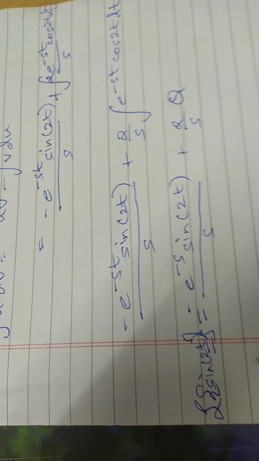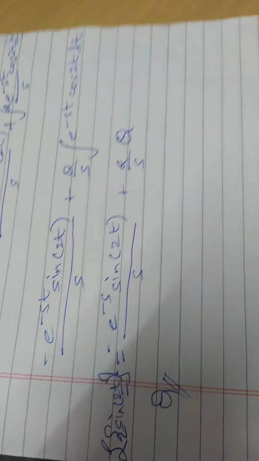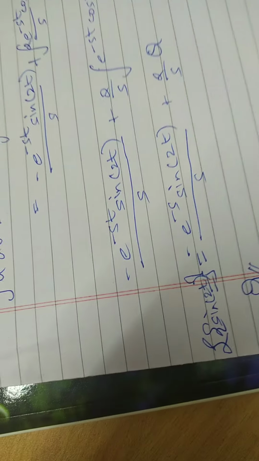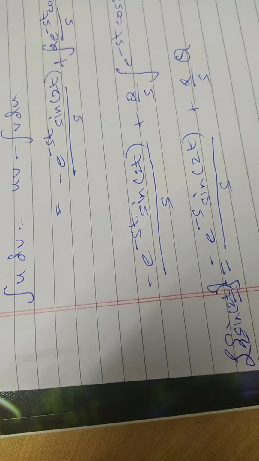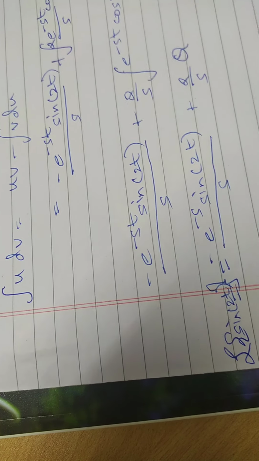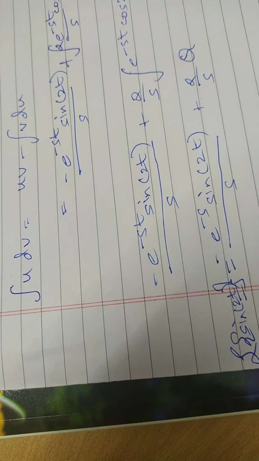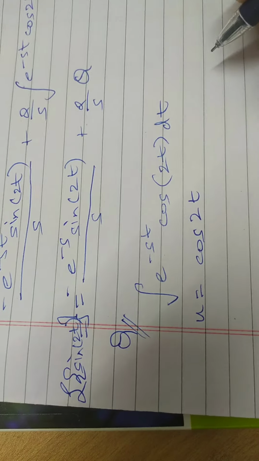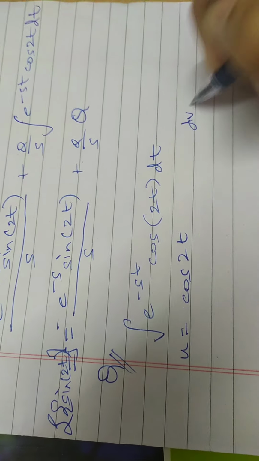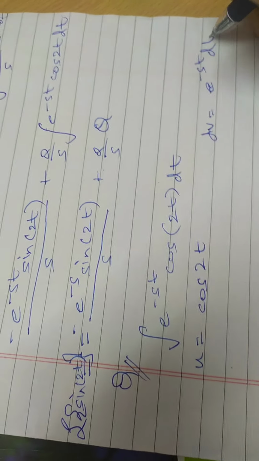So now considering q, q over here is the integral of e power minus st cos 2t dt, where u will be cos 2t and dv will be e power minus st dt.